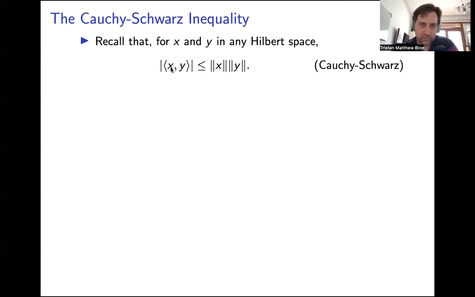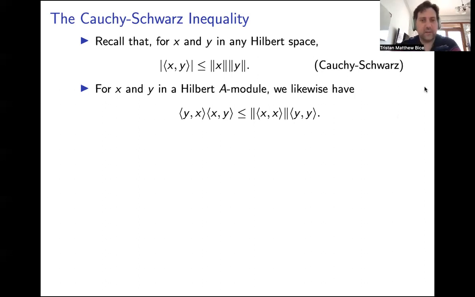This is the square root of X inner product with itself. So I think you must have seen this before. I think Karen must have mentioned this. Certainly, if we're talking about Hilbert space representations of C-star algebras, the GNS construction, then at some point you really have to be familiar with the Cauchy-Schwarz inequality. So I'm going to just assume that you know what this is.